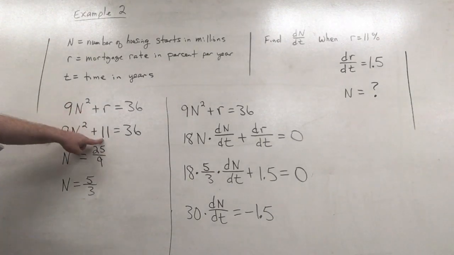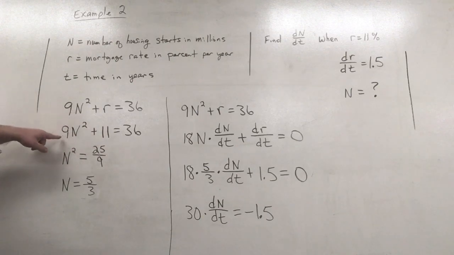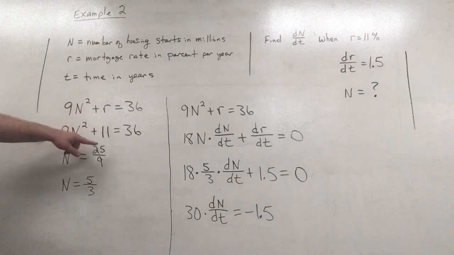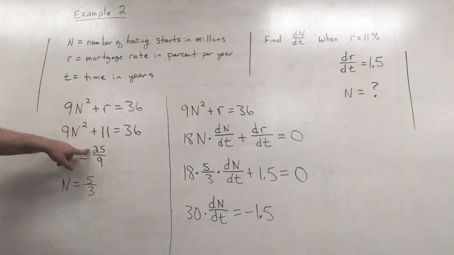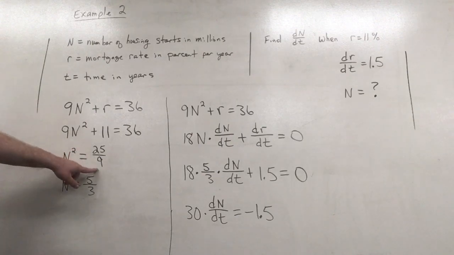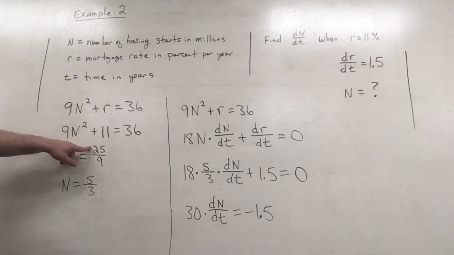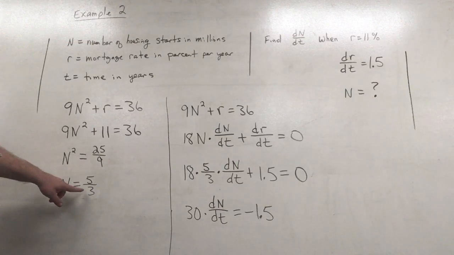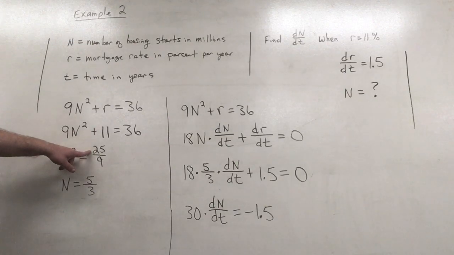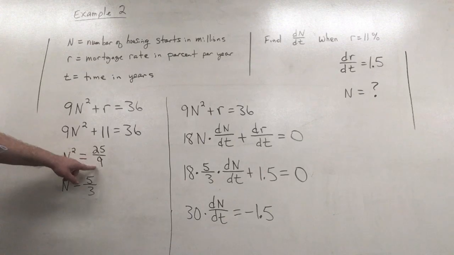We know R is equal to 11, so now we just have to solve for n after substituting in for R. We subtract 11 from both sides and get 25, then divide both sides by 9, and we get n² = 25/9. To find the value of n, we take the square root of both sides, and we get n = 5/3. The square root of 25 is 5, and the square root of 9 is 3.